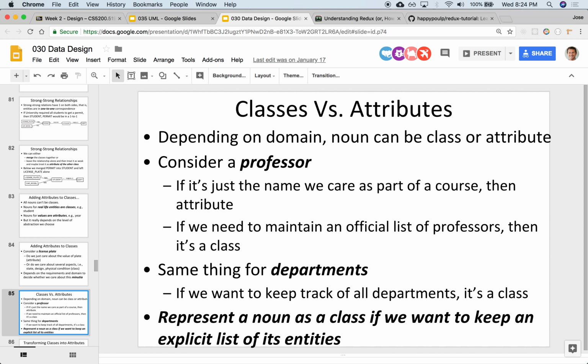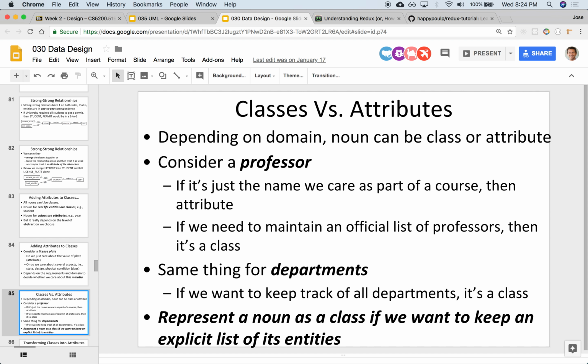If the requirements had said that the professor has a whole bunch of grants, and they have an office, and they have office hours, where would you capture that? Well, for that you would need records. It wouldn't be enough for them to be attributes. But the way we read the narrative, there wasn't any of that.